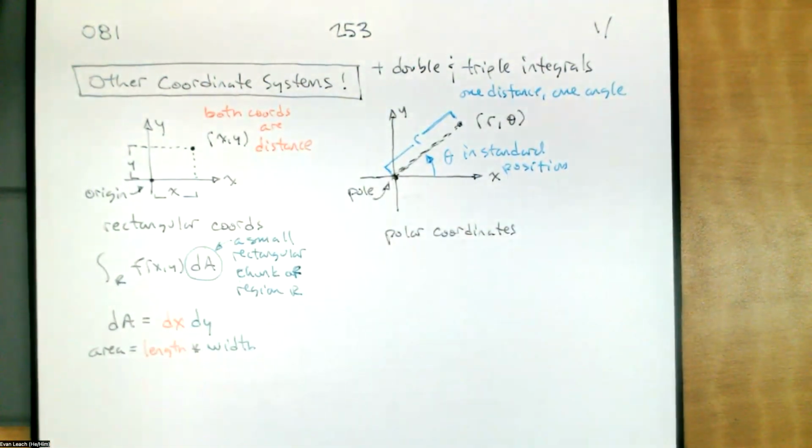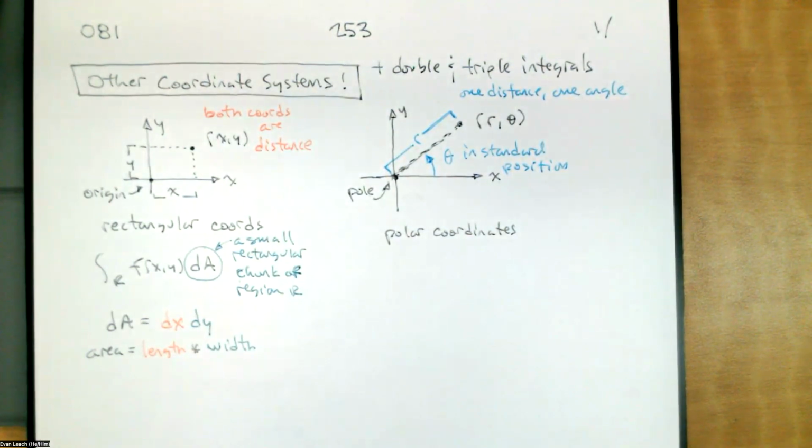This is the thinking that we built up behind setting up a double integral. This works because x is a length, y is a length, so dx is just a small length, dy is just a small length, everything is fine.